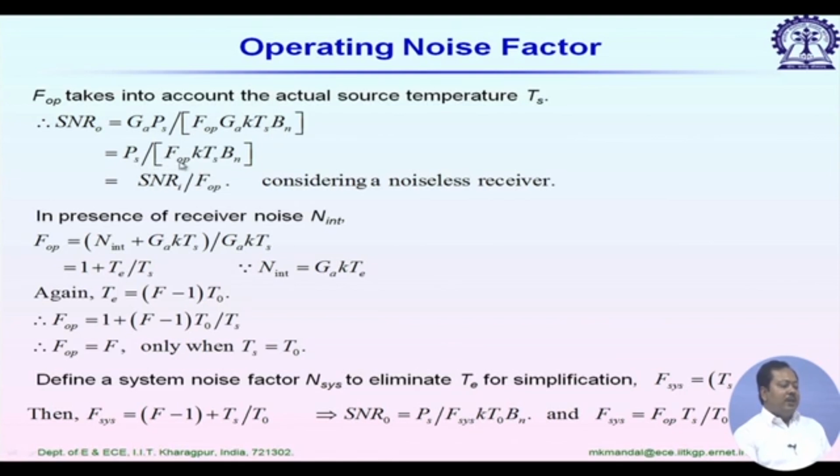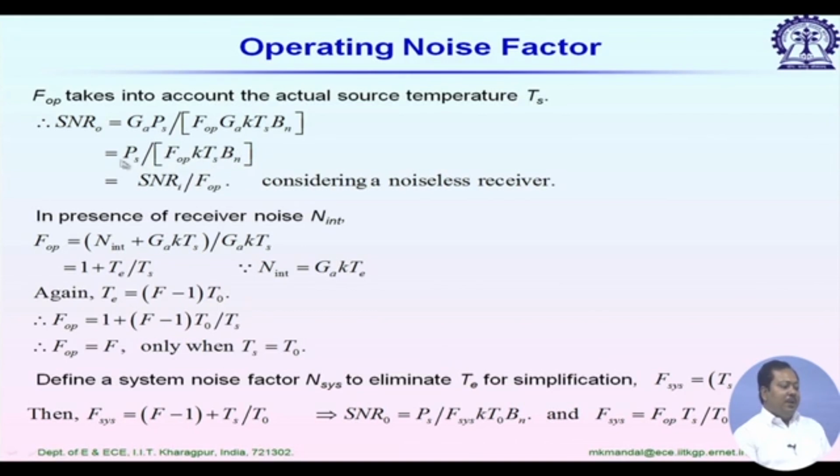So, Ps by F OP K Ts Bn. Now, K Ts Bn is actually the noise present at the left hand side of the receiver over a bandwidth Bn.